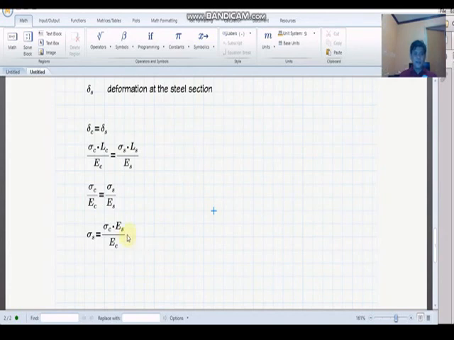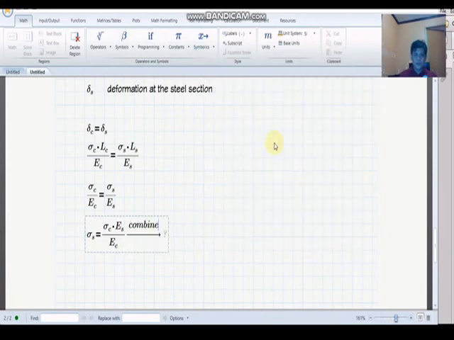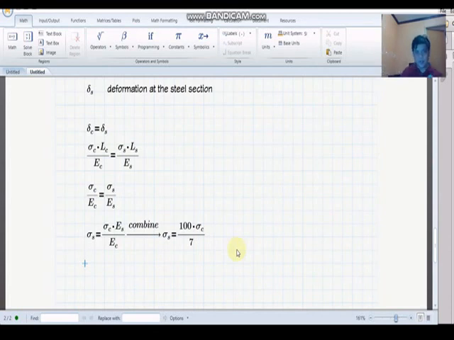Okay, and let us substitute the values. Let's combine. So we have here now the simplified equation.